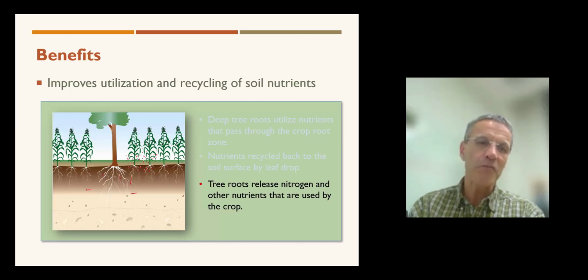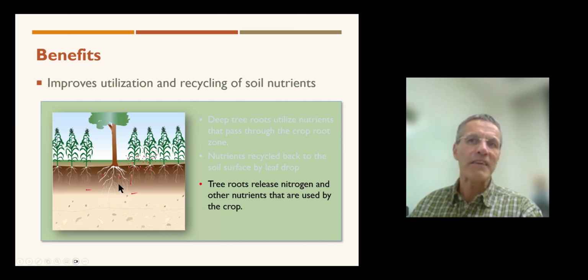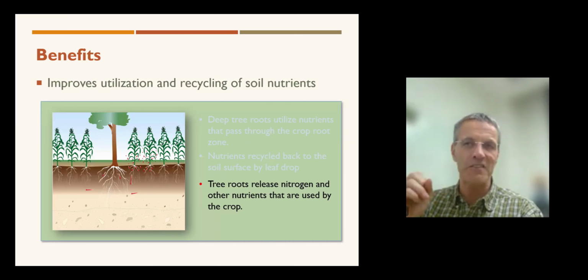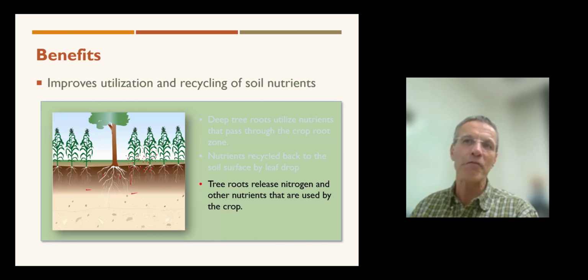These nitrogen-fixing trees release a lot of their nitrogen back into the soil. The nodules die, the small roots die, the root hairs die, and it's a very nitrogen-rich material that can be recycled and used by the crop if it's managed correctly.